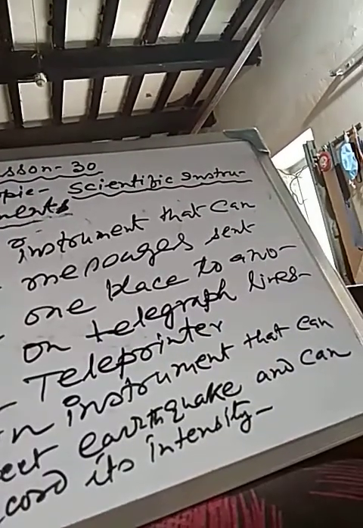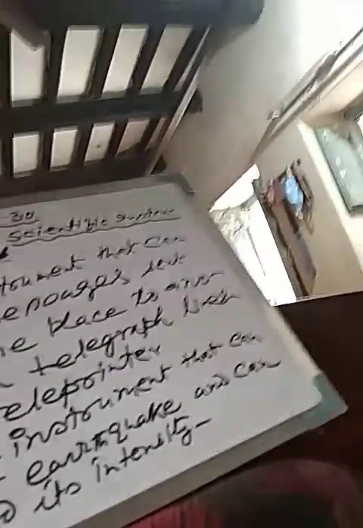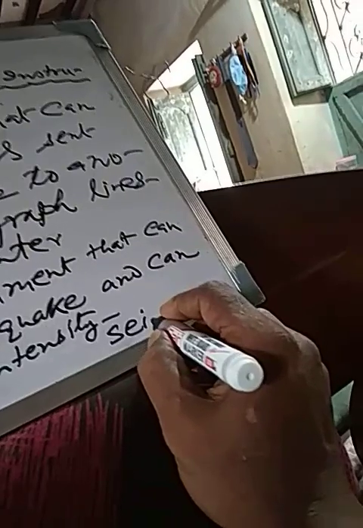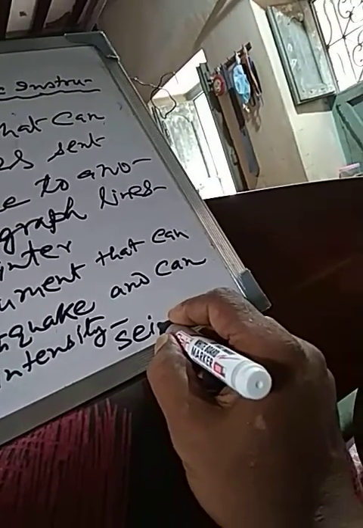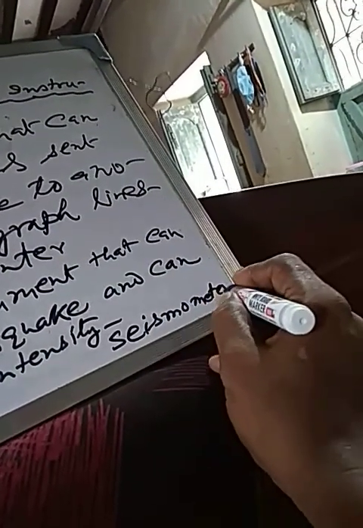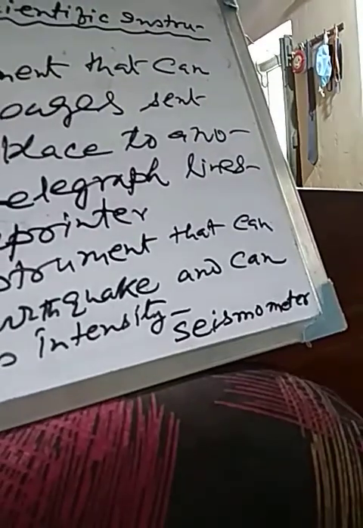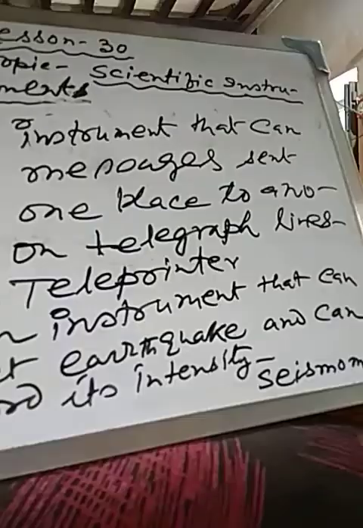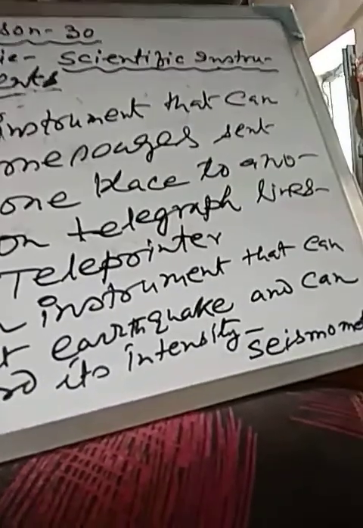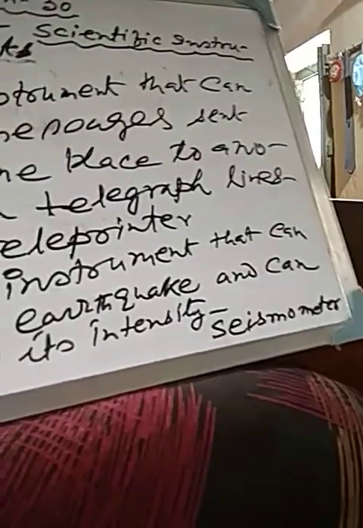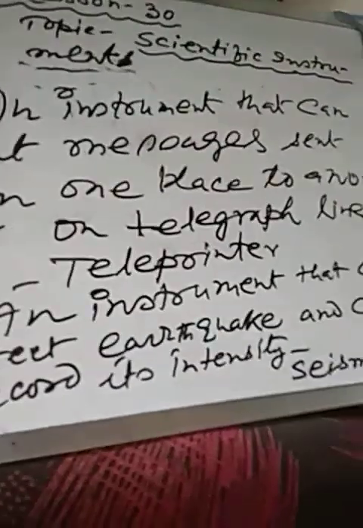What is this? That is seismometer. An instrument that can detect earthquakes and record their intensity is known as seismometer. This is point number 15.